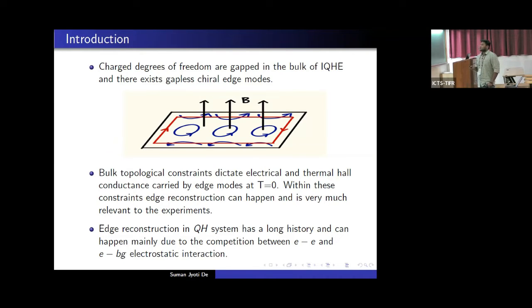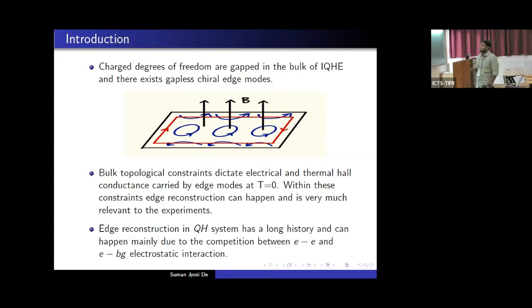There are cyclotron orbits in the bulk that make closed orbits, but close to the edge, semi-classically, they have skipping orbits like this, and the result is a net edge current in the system. So this will carry the current if you drive a bias across the system.